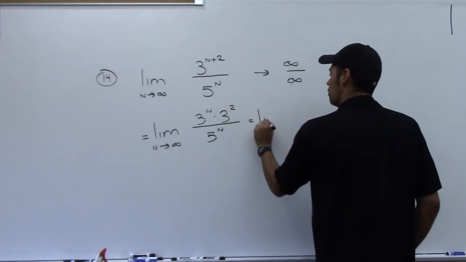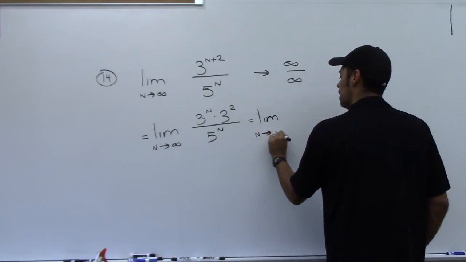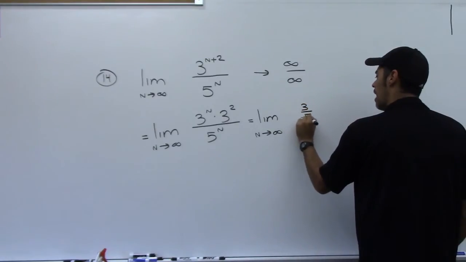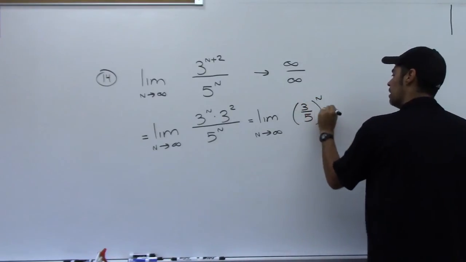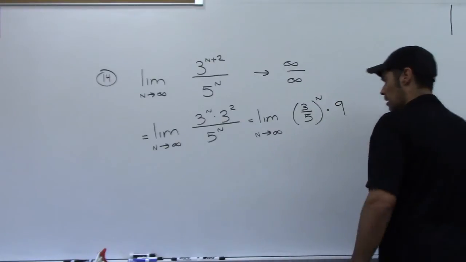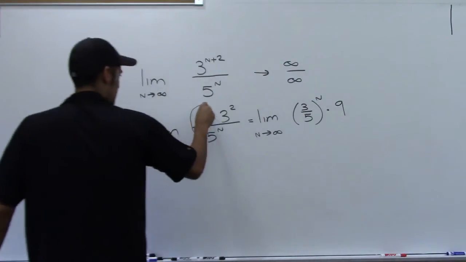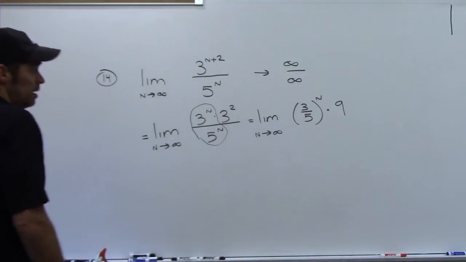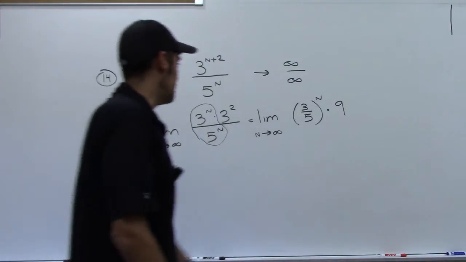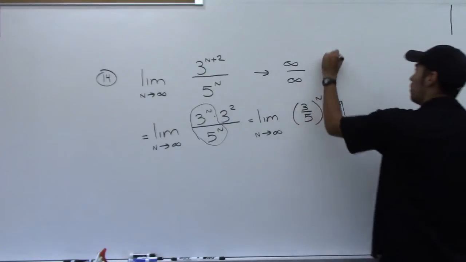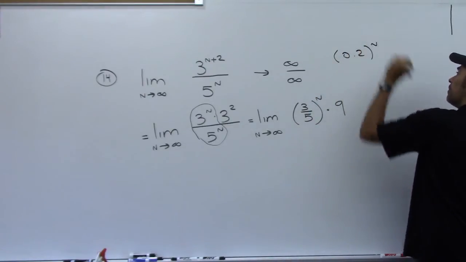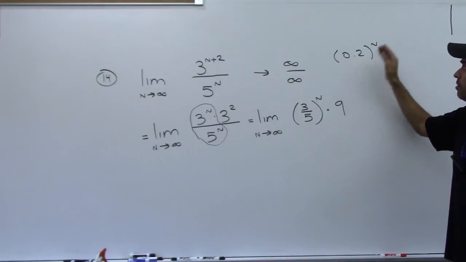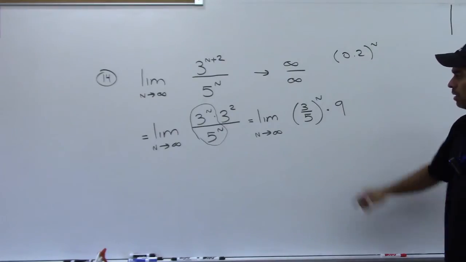That's equal to limit n goes to infinity of 3 over 5 to the n times 9. So I put these two together into a single fraction. 3 squared is 9. And so I'm trying to figure out what happens here. Well, we saw this earlier when we did this, 0.2 to the n. We know that if the number in here is smaller than 1, then as you raise it to powers, it actually gets smaller, right?